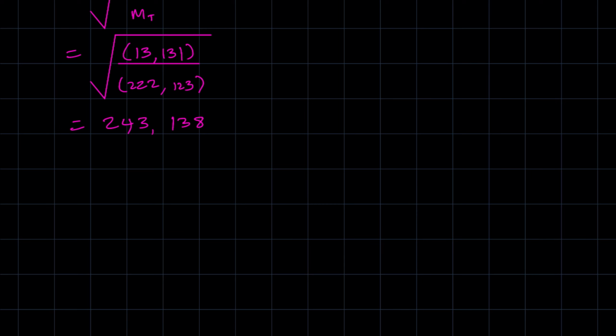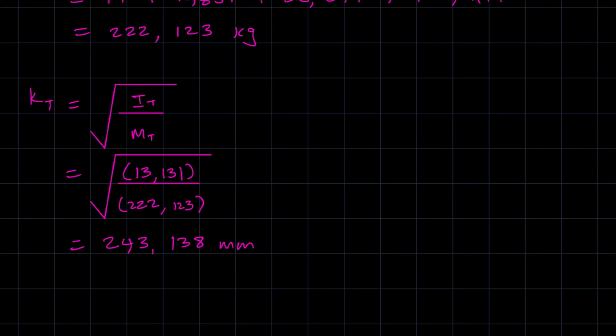Now if you punch this in our calculators, you're going to get 243,138. Now this I've expressed in millimeters. You don't necessarily have to express this in millimeters, but for accuracy purposes I like expressing my quantities that will be in meters or in millimeters in millimeters. And that is how you would approach such a problem on flywheels.